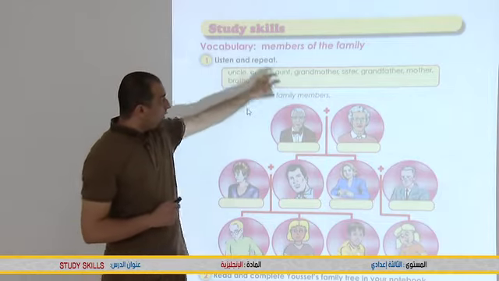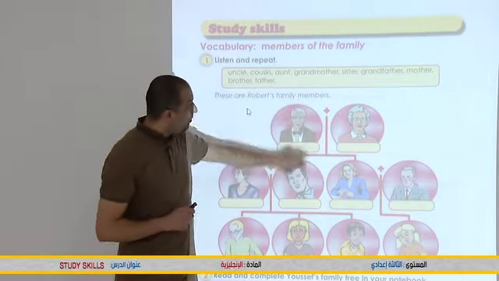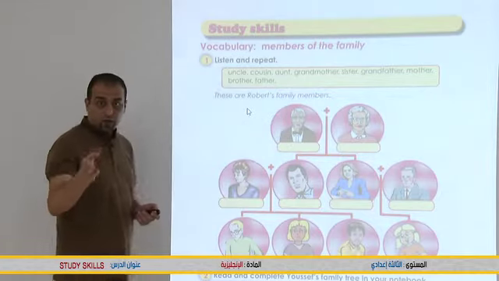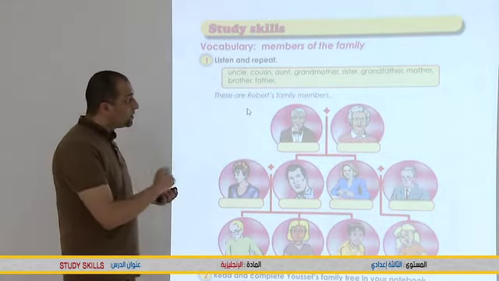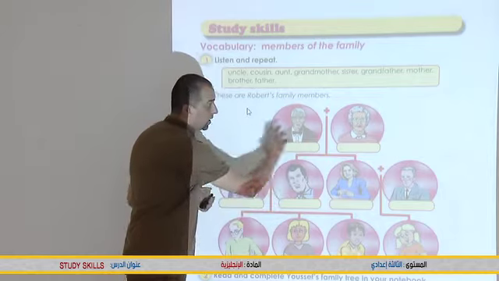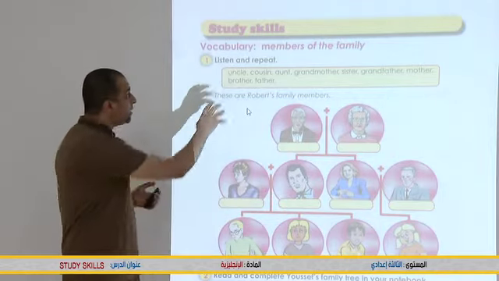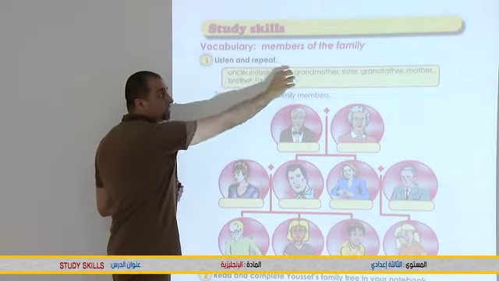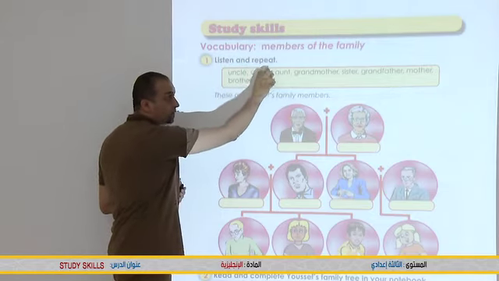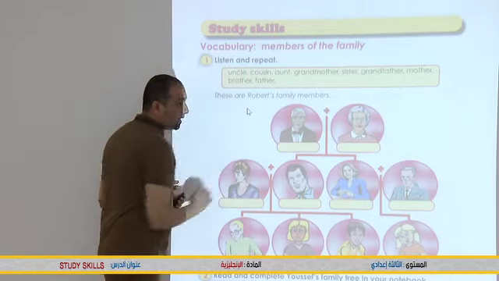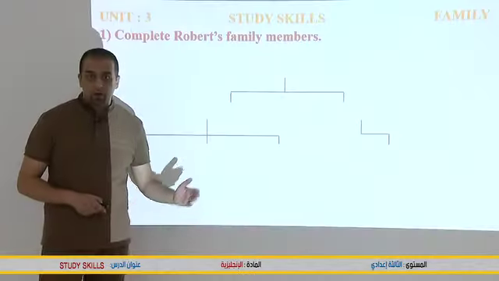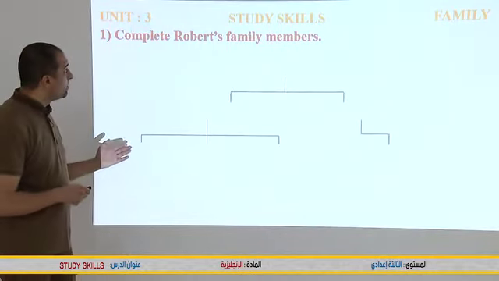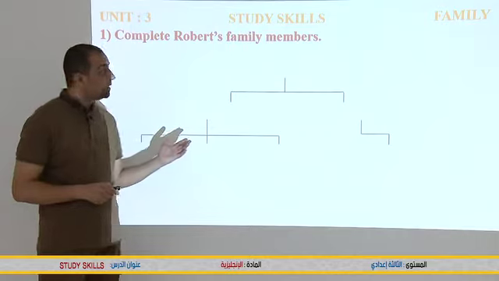Each word goes in its correct place. Now take your copybook, draw this chart, and complete it with the words from this box. So now let's complete Robert's family members and correct the exercise.